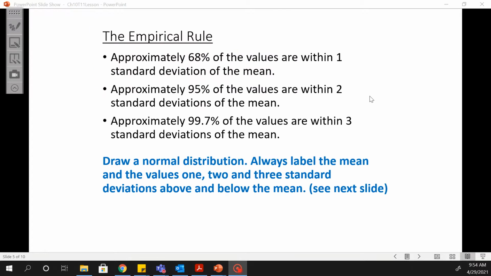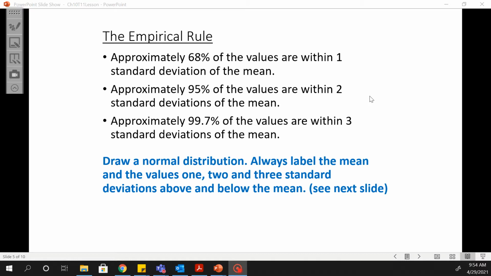Now, the empirical rule tells you where most of the data lies, okay? Approximately 68% of the data will be within one standard deviation from the mean, so one above and one below.